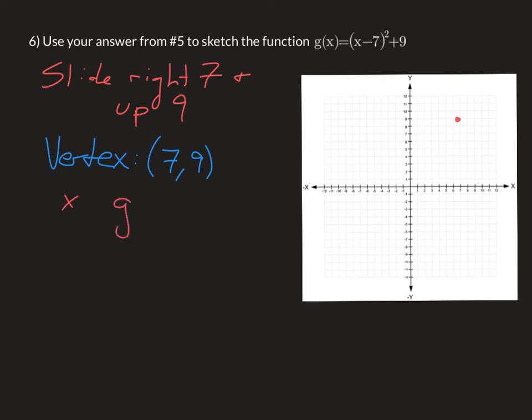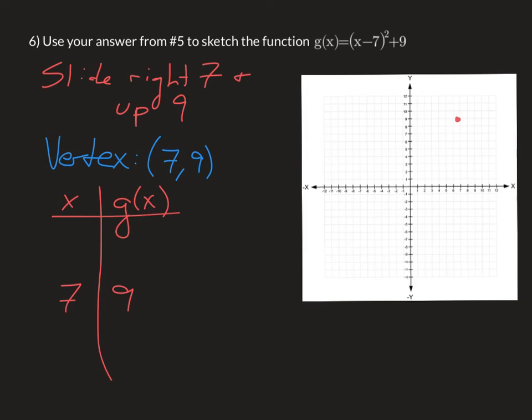One easy thing to do here, we know one point that's already on this, and that's 7, 9. And since that's the vertex, and that should be the central point, like the point of symmetry on this, I'm going to stick this right in the center of my t-table. From there, I can just pick numbers to plug in place of x.